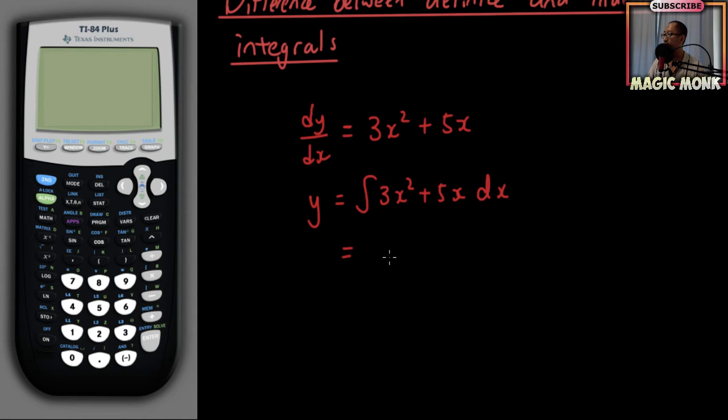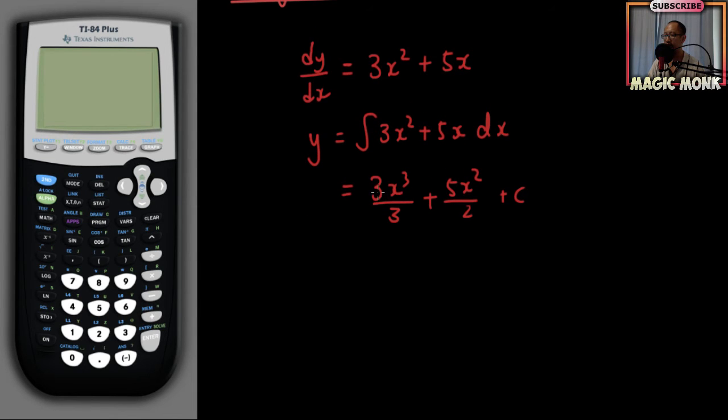So then we integrate it and we go 3x cubed over 3 plus 5x squared over 2 plus c. And if we simplify it a little bit, you'll be able to see that 3 divided by 3 is 1, so it's x cubed plus 5x squared over 2 plus c.